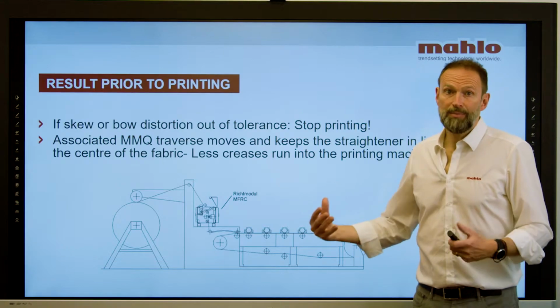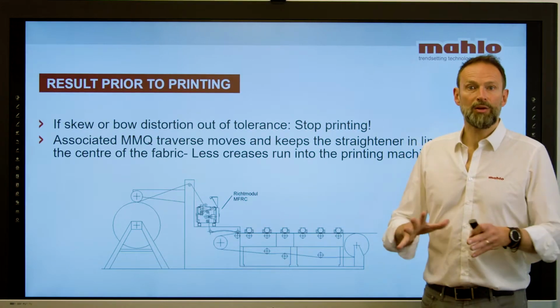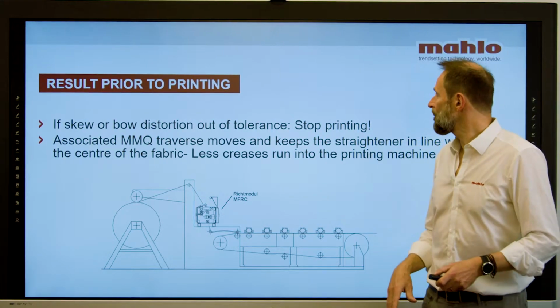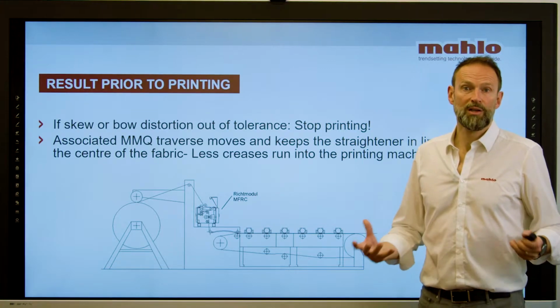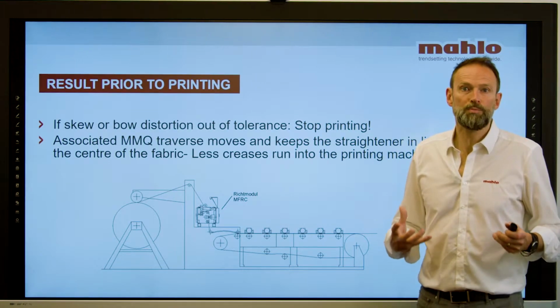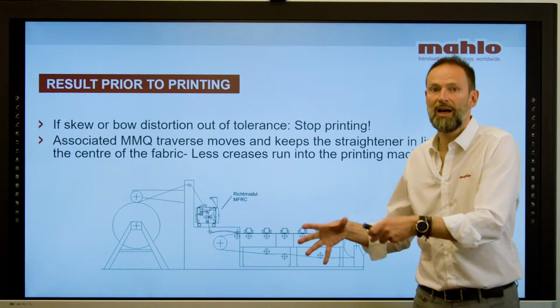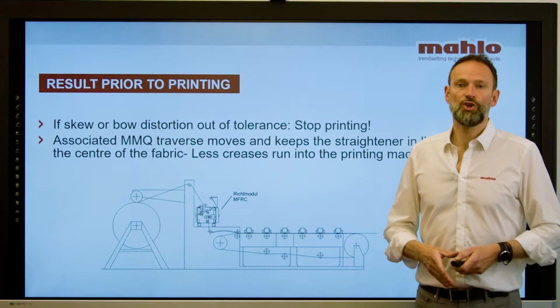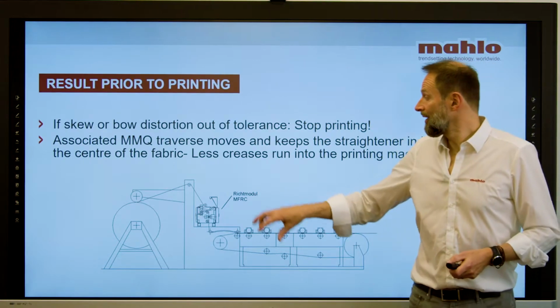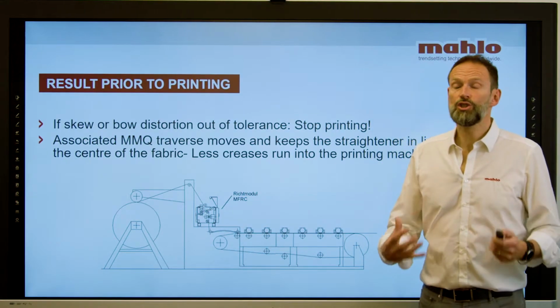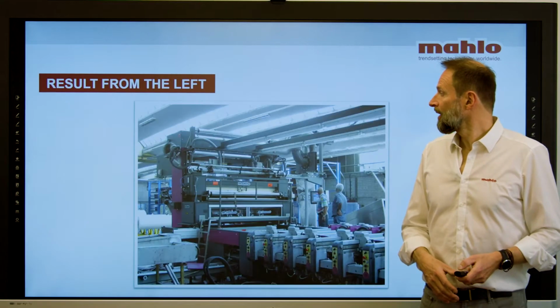If for any reason something is out of tolerance, then of course you have to stop the printing, because it would make no sense to continue printing if you realize that there is any skew or bow distortion, and this is why this unit is so important.